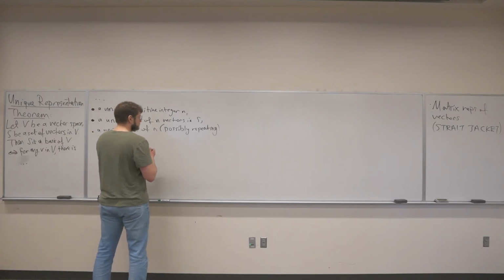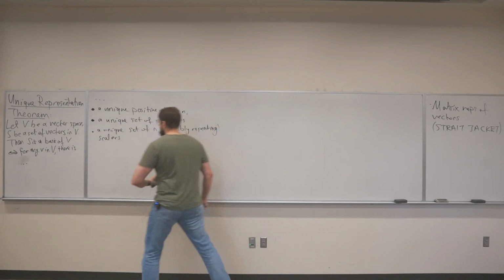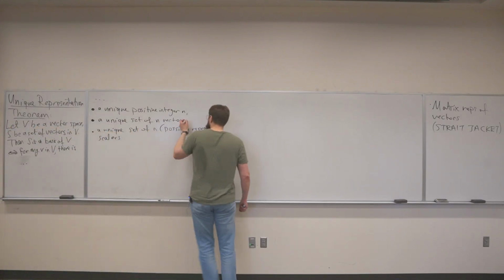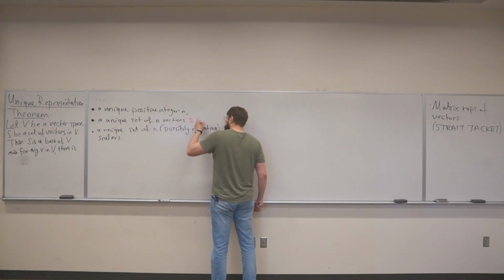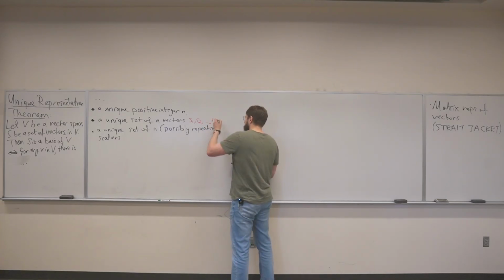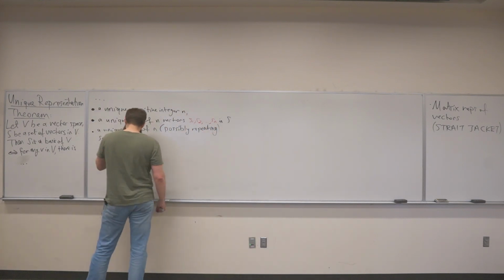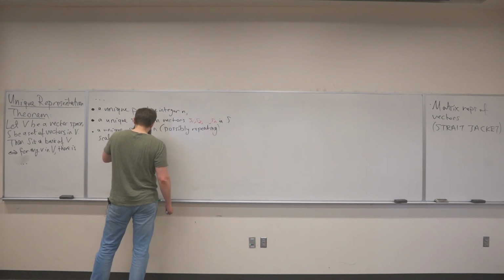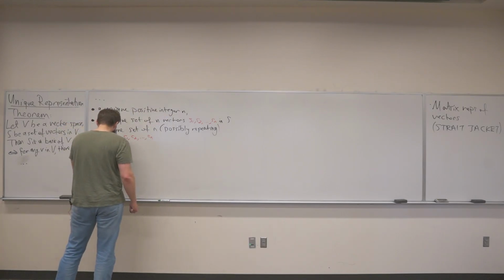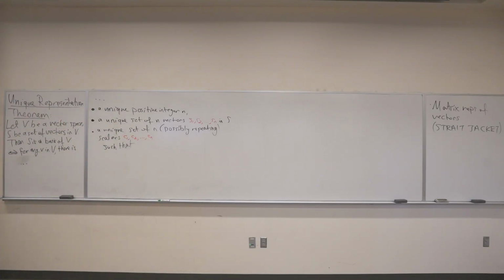Let me say it like this perhaps. Say S1 to Sn, these are vectors in S. Scalars C1 to Cn such that V is the associated linear combination.